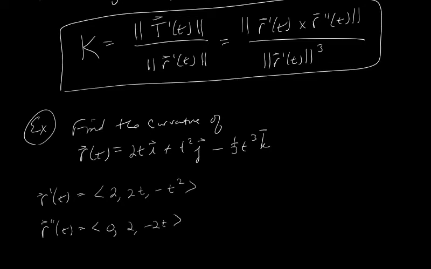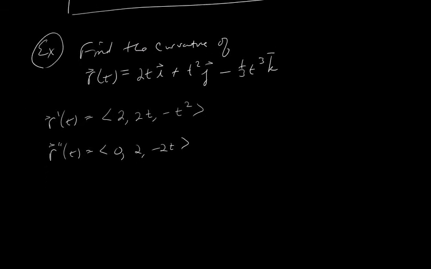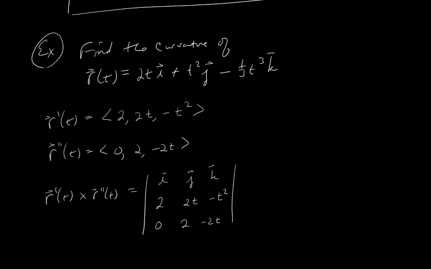So we are now going to need to cross these and find that magnitude. So r prime of t crossed with r double prime of t. Not the magnitude, not yet. We'll get to the magnitude in a second. That's going to be the determinant of i, j, k, and we have 2, 2t, negative t squared, 0, 2, negative 2t.